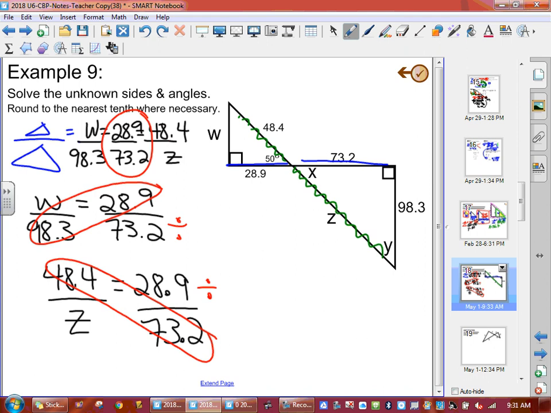So to one decimal place, it says round to tenth where necessary. So what does W give us? One decimal place. So over here, what's W? Who's W, cross multiply and divide? Let's go, guys. Multiply these two, divide by 73.2.